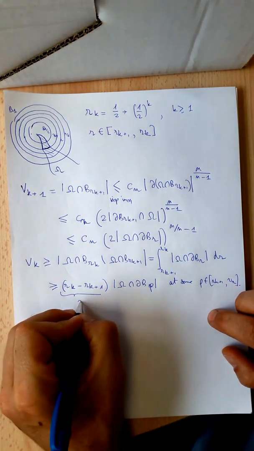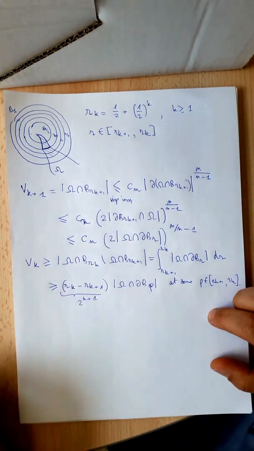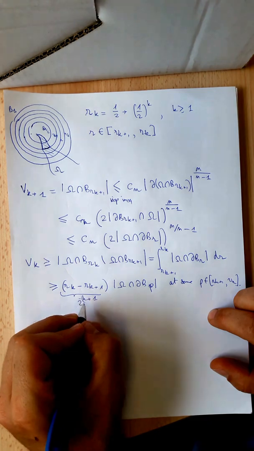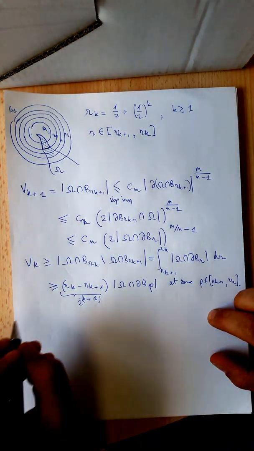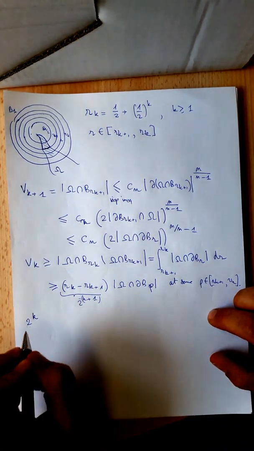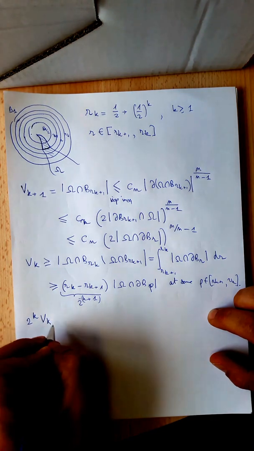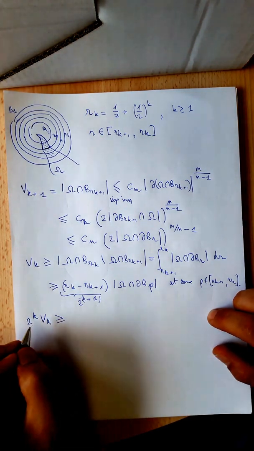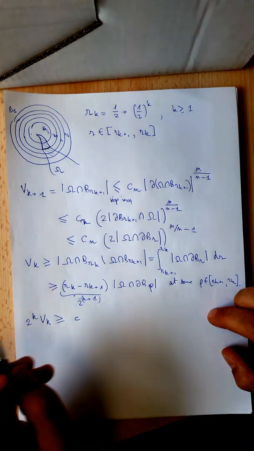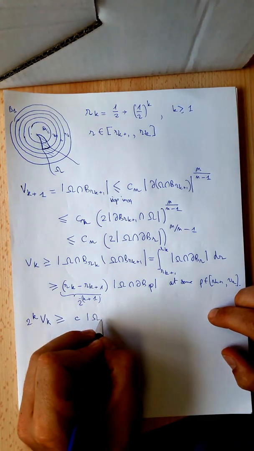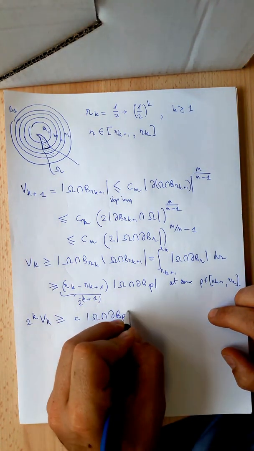Right, this quantity is 2 to the minus (k+1). And so in the end we get that 2 to the k v_k is bigger than some constant, which is 2 here, times this area.